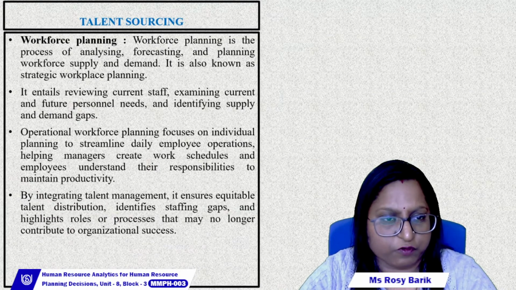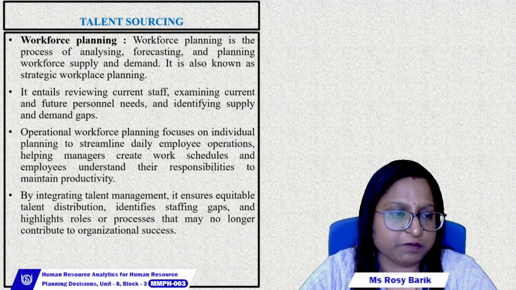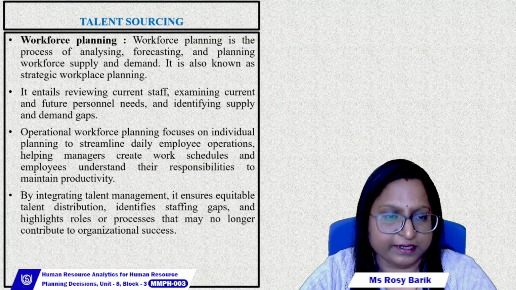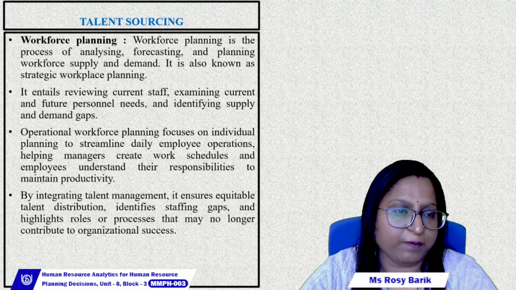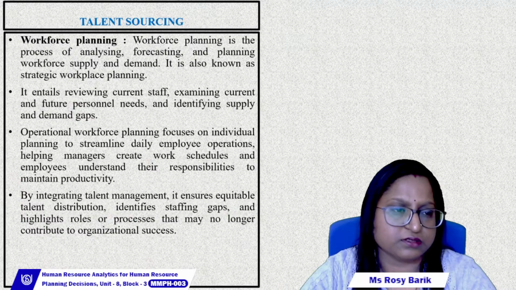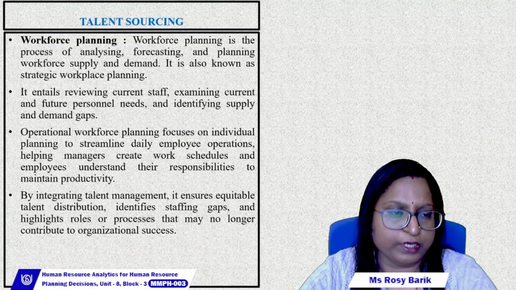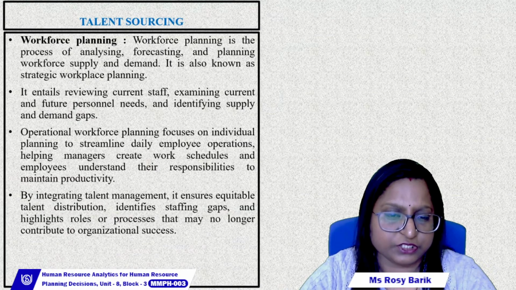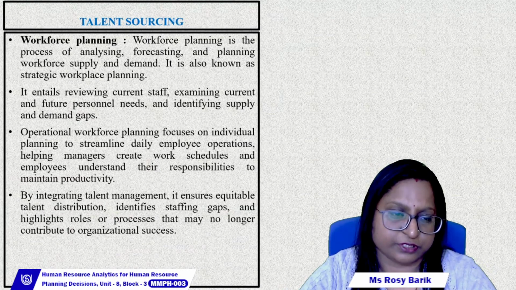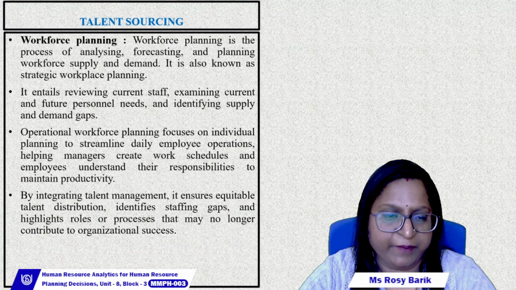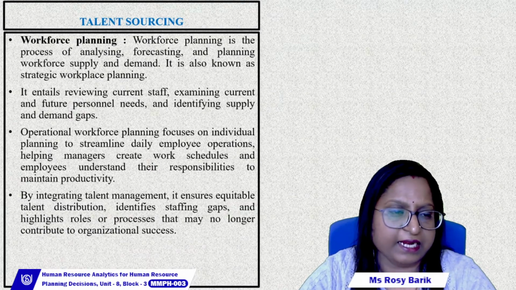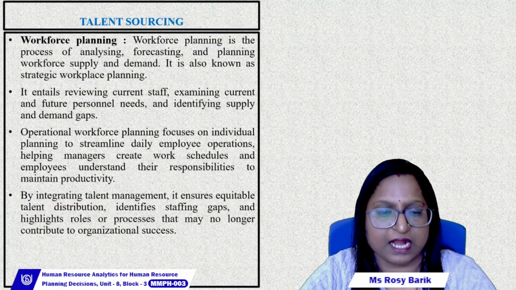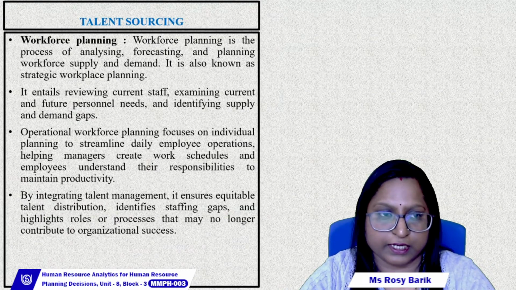Operational workforce planning focuses on individual planning to streamline daily employee operations, helping managers create work schedules and employees understand their responsibilities to maintain their productivity. By integrating talent management, it ensures equitable talent distribution, which identifies the staffing gaps and highlights the roles or processes that may no longer contribute to organizational success.